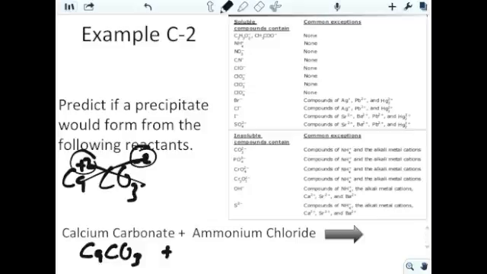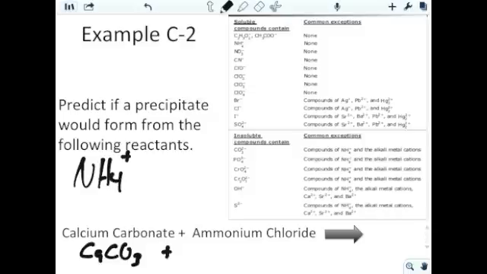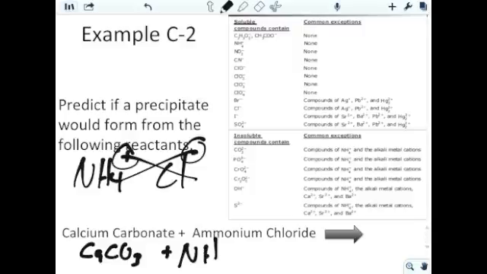So ammonium, okay, we know what that is. It's a polyatomic. It's NH4 with a positive 1 charge. Chlorine, negative 1, crisscross, and we get NH4Cl.